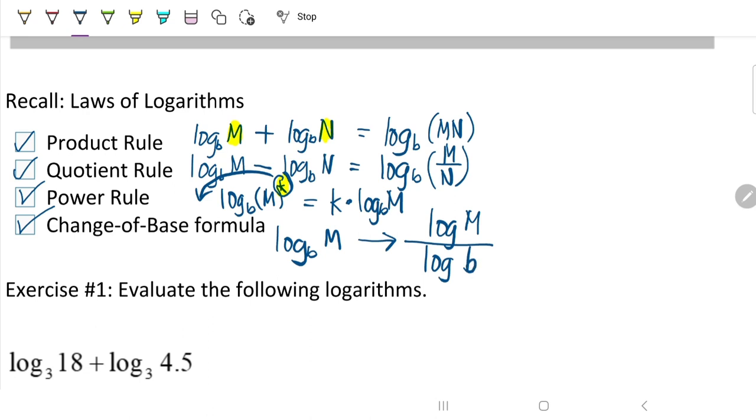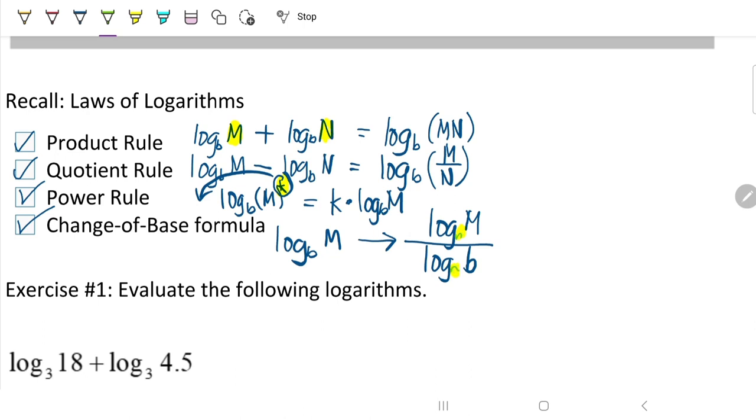So in my numerator, the argument is m, and in my denominator, my argument is the base in the original logarithmic expression. And what will be my base here in the numerator and denominator? Any number as long as the bases are the same. So I can write here base n and base n as well.